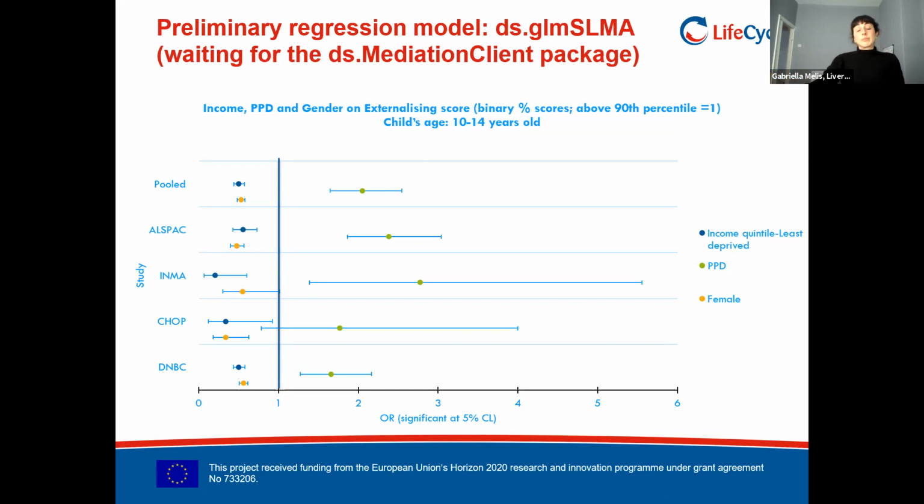The odds ratios of presenting behavioral issues are significantly higher across cohorts when the mother suffered from postpartum depression, with a non-significant effect for the smallest cohort that we have here, smallest in terms of sample size, which is CHOP. And also, as robustly found in the literature, females are significantly less likely than males to present externalizing issues. These are, as I said, preliminary results that we are working on.